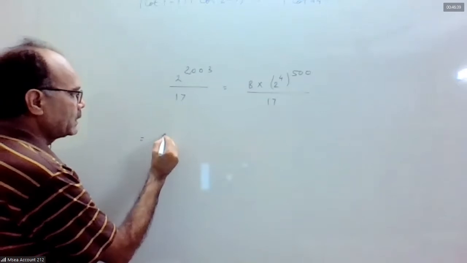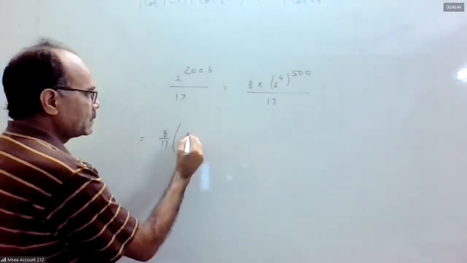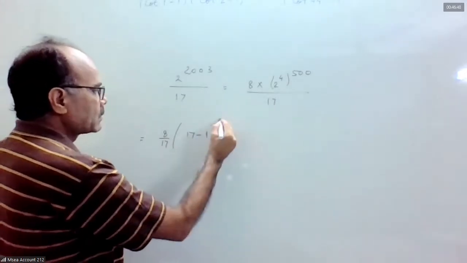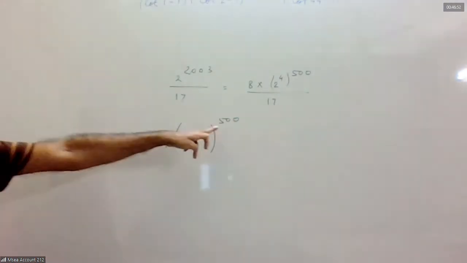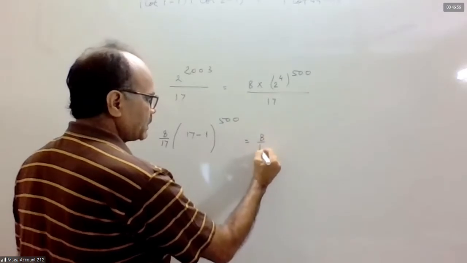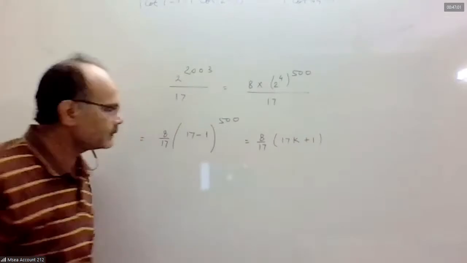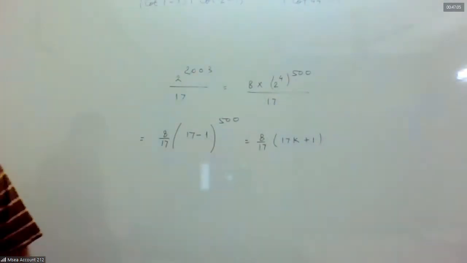Equals 8 by 17. 17 minus 1 to the power 500. Yes, sir. So even power. This is 17K plus 1. Yes. 8 by 17 into 17K plus 1. So obviously 8 by 17 is correct. You check it. Okay, sir.